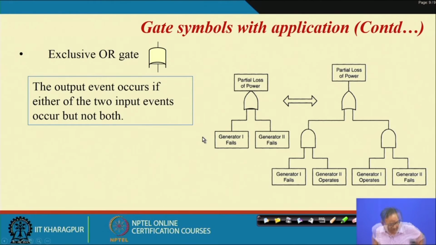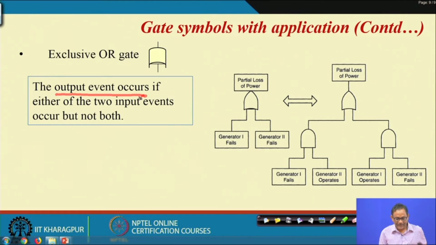Then another gate is the exclusive OR gate. What is an exclusive OR gate? The exclusive OR output event occurs if either of the two input events occurs, but not both. So, you have generator 1 and generator 2. We are talking about the output event being partial loss of power.